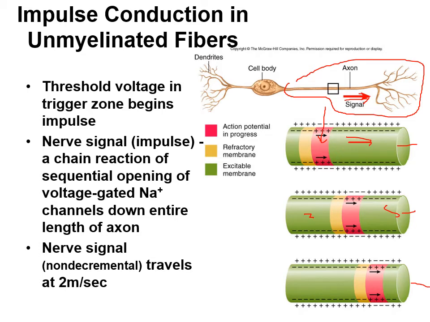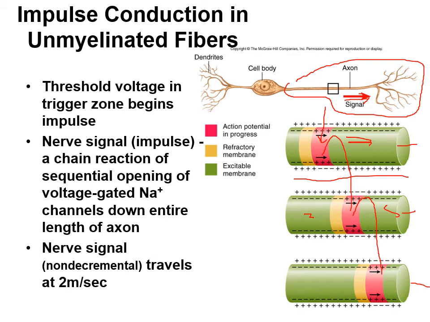But the action potential doesn't stay there long. It's quickly going to start moving down the axon. So you see how the axon is, and then notice how the pink moves one spot over as you look down at the illustration. So it's basically producing an action potential on the excitable cell. And look behind the pink.